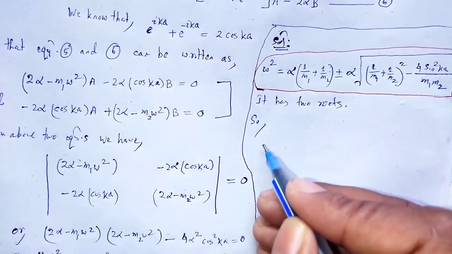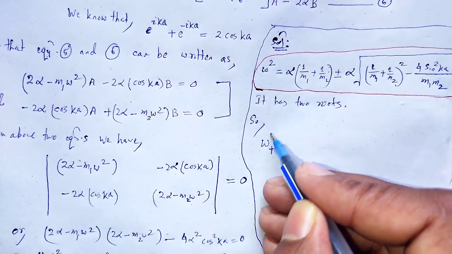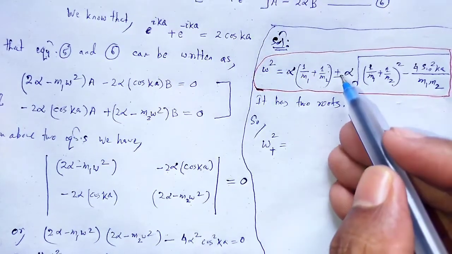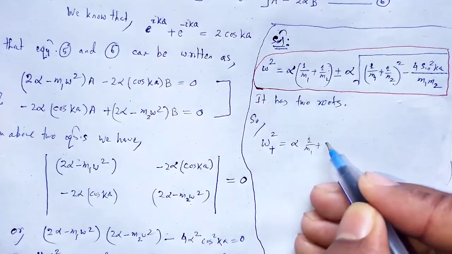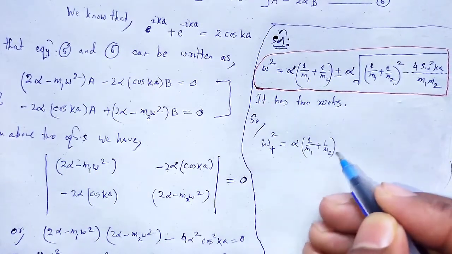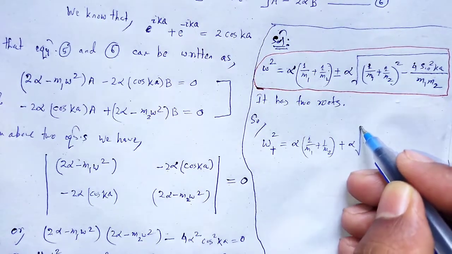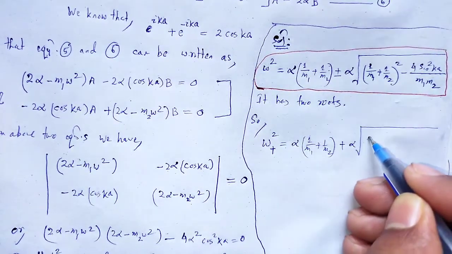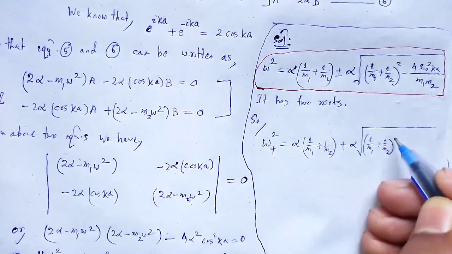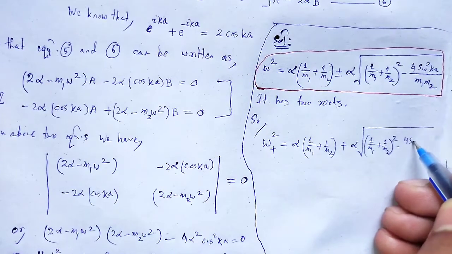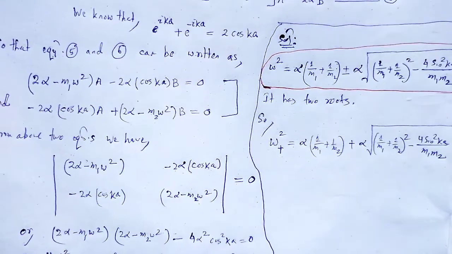So for the positive root we choose, omega plus square is alpha (1 by m1 plus 1 by m2) plus alpha whole into the root of (1 by m1 plus 1 by m2) whole square minus 4 sin square ka divided by m1 m2.